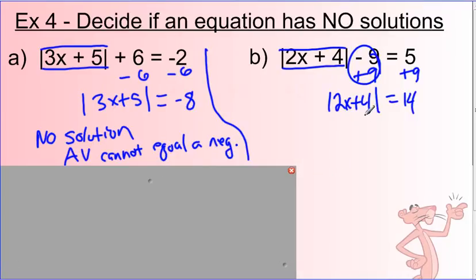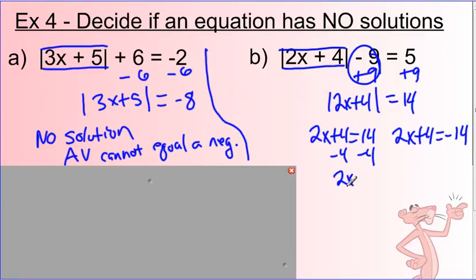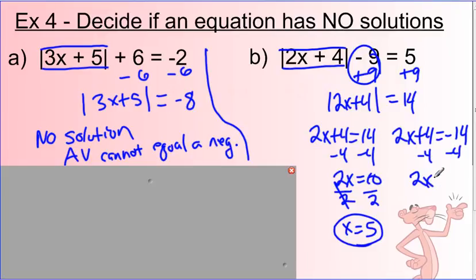So we separate. 2x plus 4 equals 14, and 2x plus 4 equals a negative 14. Solve each. I subtract 4 on both sides. 2x equals 10, divide by 2, x equals 5. On the other side, minus 4, 2x equals negative 18. Divide by 2 on both sides, and x equals negative 9.